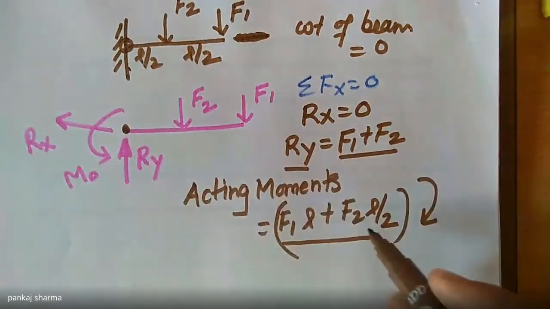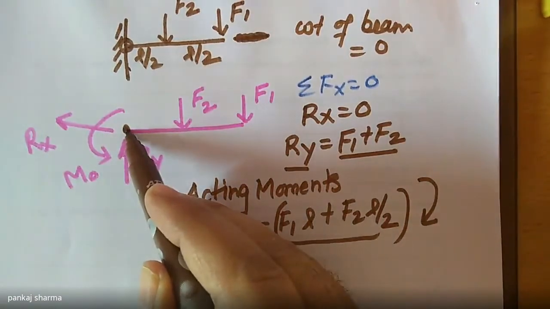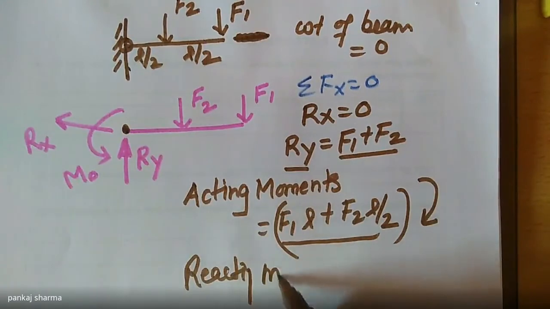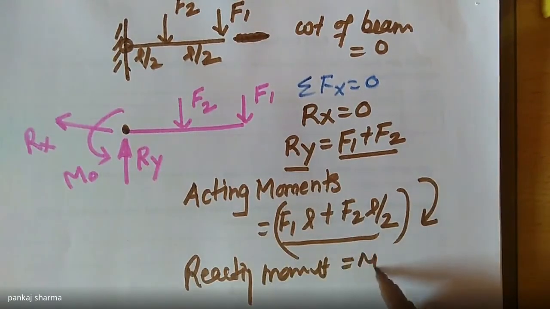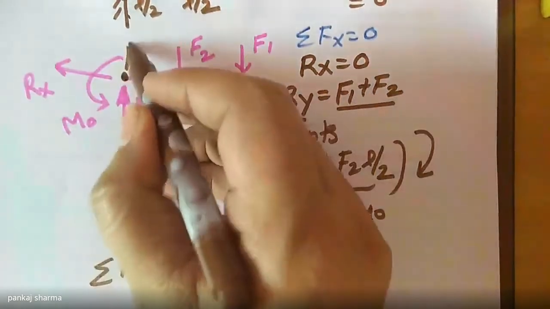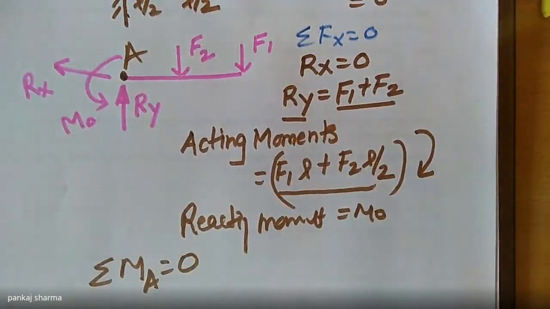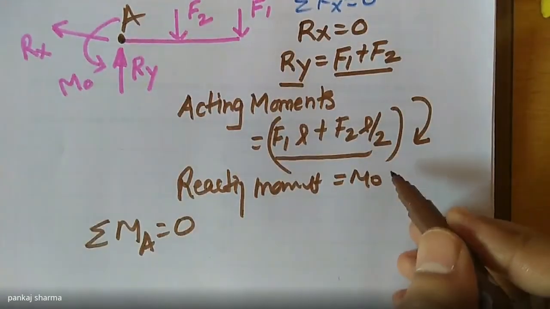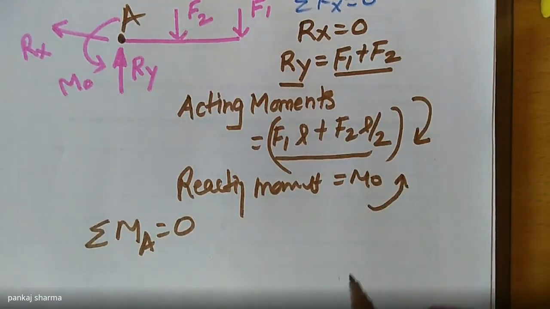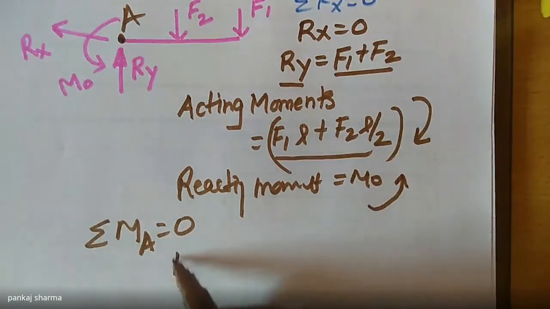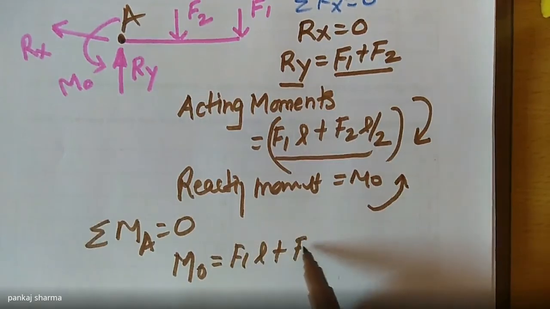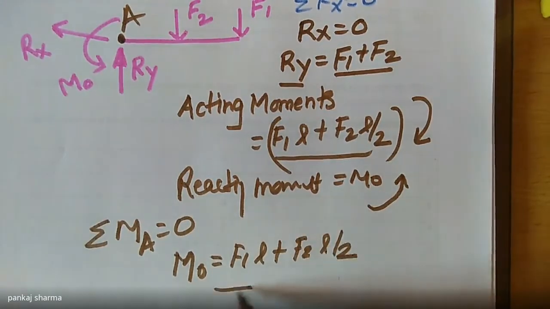At this point the reacting moment is M naught, and as per the equations of equilibrium, the net moment with respect to the support is 0. The direction of M naught is assumed in this direction, no problem. So clockwise moment is equal to anti-clockwise moment. So the expression for M naught is F1L plus F2L by 2.